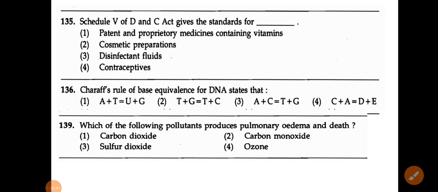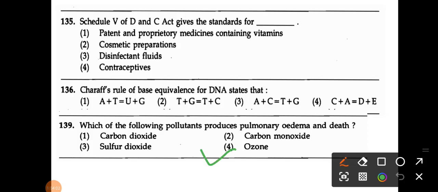Then 139, which of the following pollutants produces pulmonary edema and death, right? So carbon dioxide, carbon monoxide, sulfur dioxide, and ozone. So we know carbon dioxide and sulfur dioxide are not related to that one, but carbon monoxide and ozone are there. But among these two, what is your correct answer?